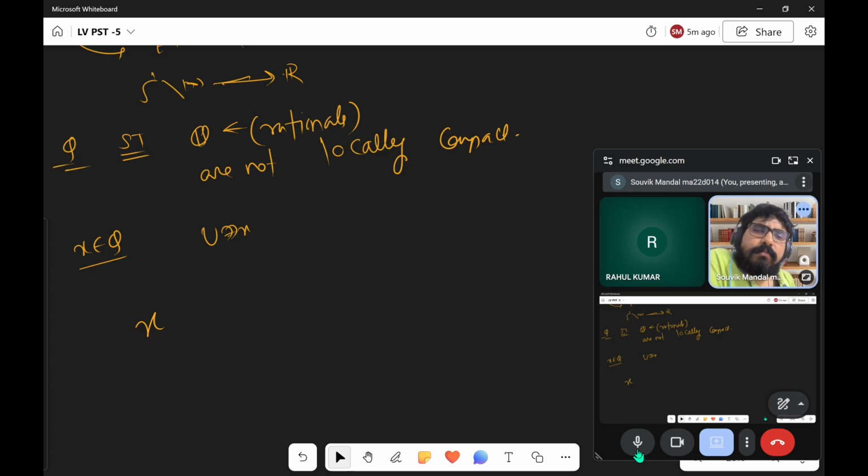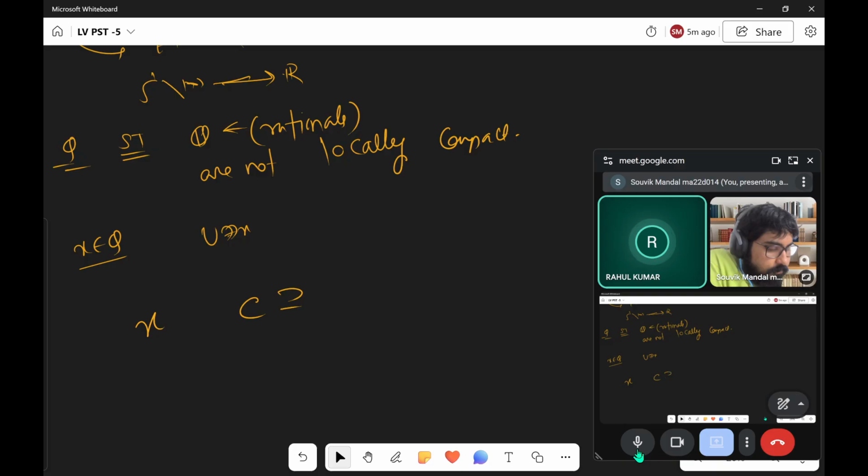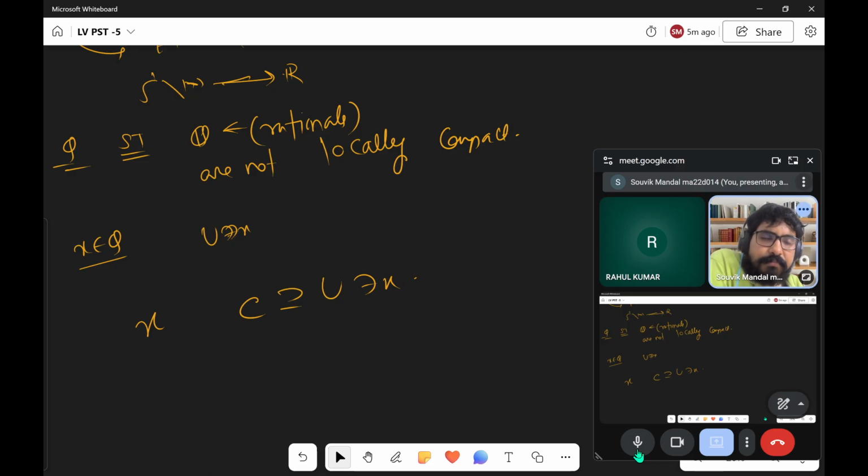Why? Because of local compactness, there exists a compact subspace which contains a neighborhood of x. So here we are not getting any compact set which contains a neighborhood of x. Why can such a C not exist? Because the only compact sets are singletons.